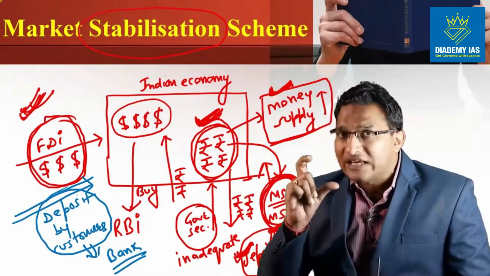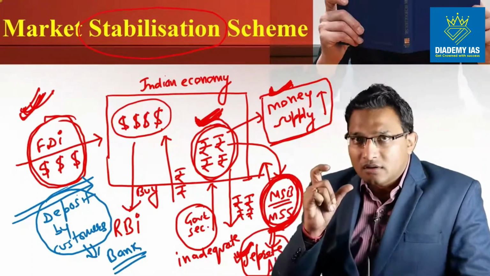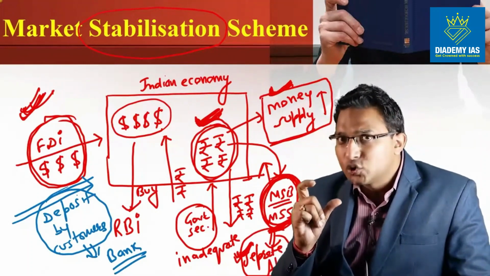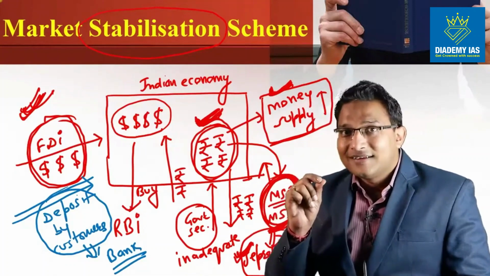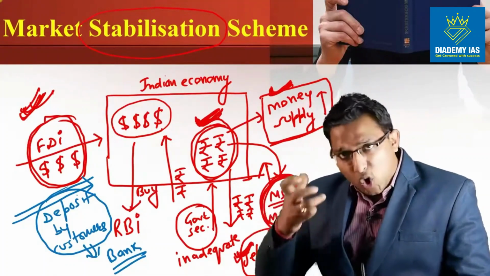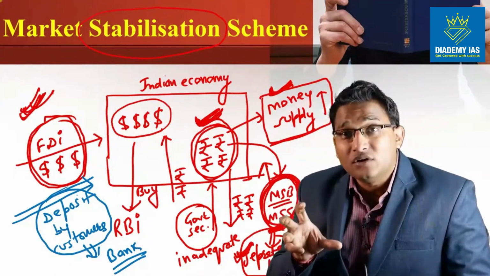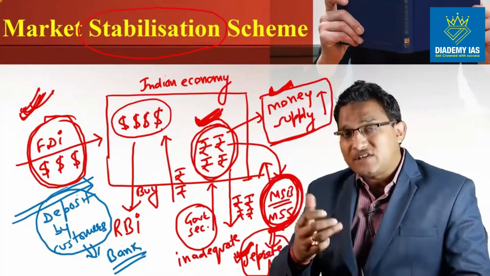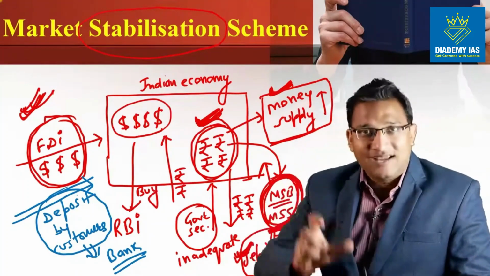To avoid this injustice which was happening to the banks, the RBI issued market stabilization bonds, and all the cash was absorbed by the RBI by selling the market stabilization bond to the banks. The banks purchased the market stabilization bond and gave the extra money to the RBI.